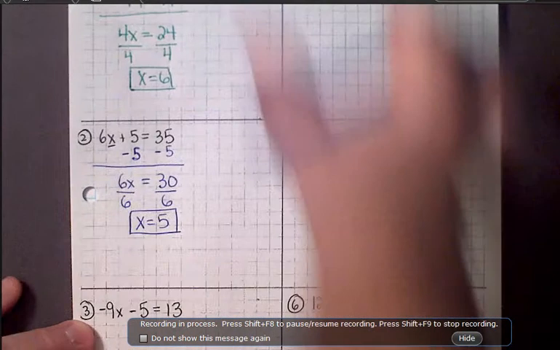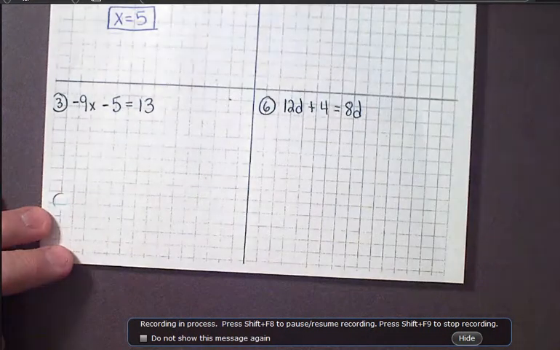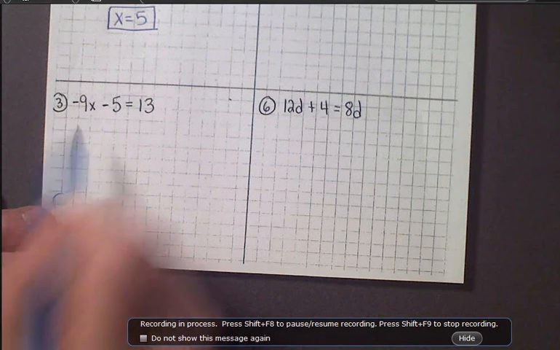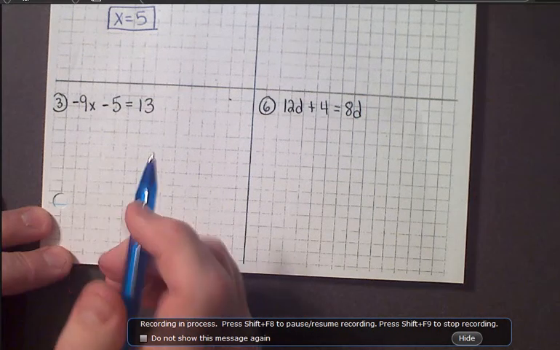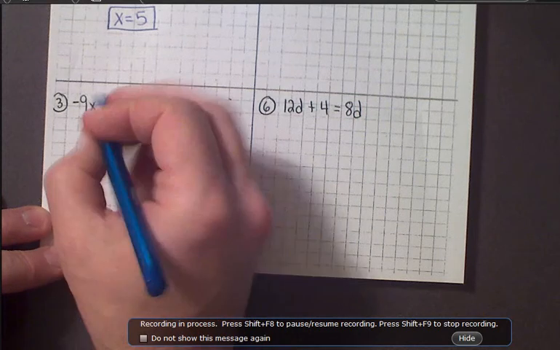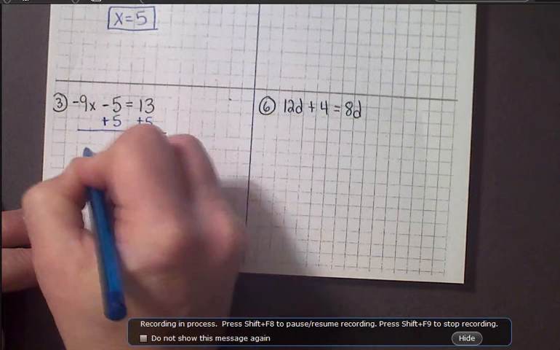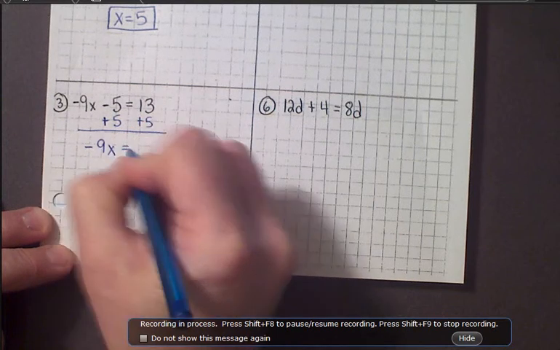Working my way to question number 3. Question number 3 looks a little bit more interesting because of the negative sign that's there. But I want to, again, focus on the subtraction piece first. So I'm going to add 5 to both sides, and I get negative 9x is equal to 18.